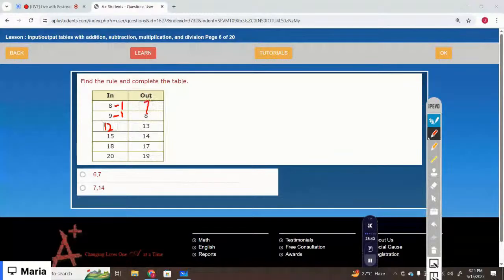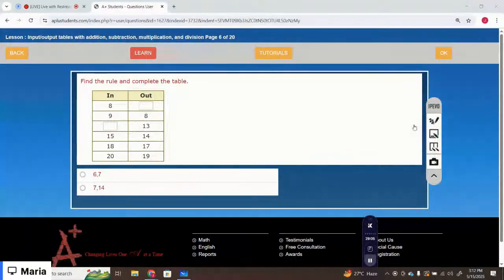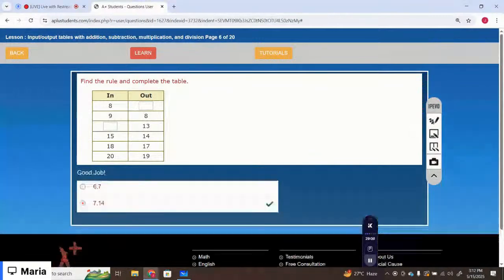So 8 minus 1 is 7. That is 7 and 14. The correct option is 7 and 14.